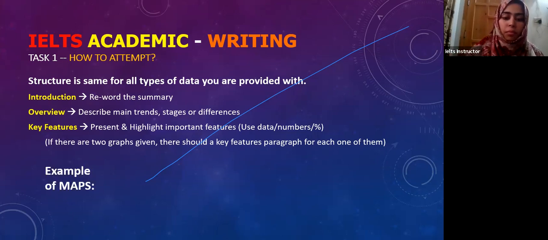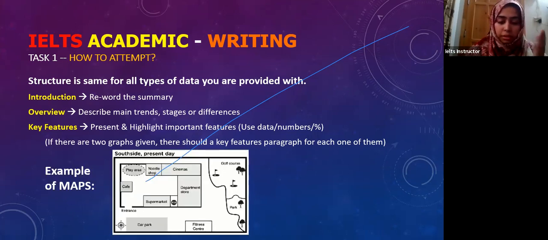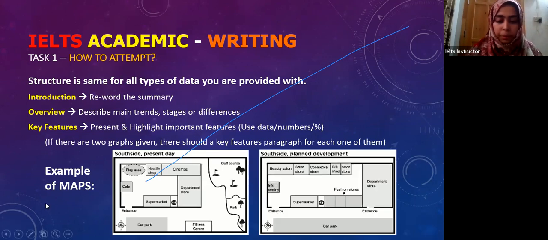Okay, for example, we can take an example of this map. Let me just move my panel here. Okay, so you are provided with two maps. We have a chart as well. Yeah, that's right, Hassan. So we are provided with two maps here.